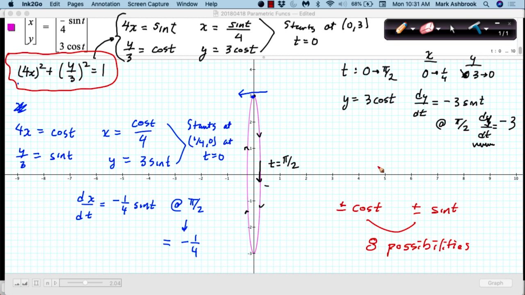So that's our 4x and our y over 3. For instance, you can make 4x negative sine t and y over 3 positive cosine t. You can make 4x negative cosine t and y over 3 negative sine t. You've got all these combinations, and they're going to give you different starting points and an associated direction with it.